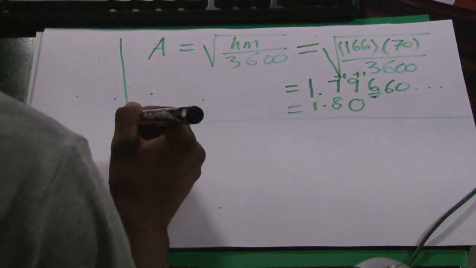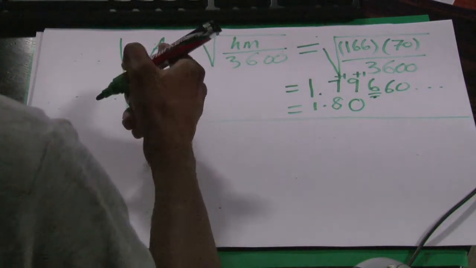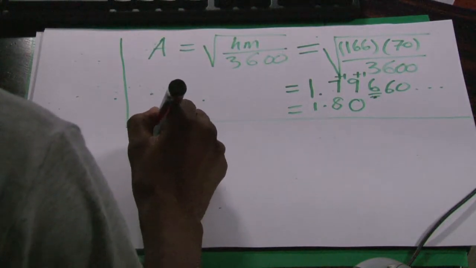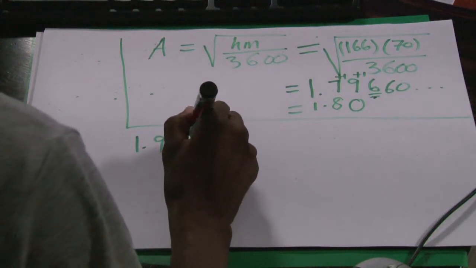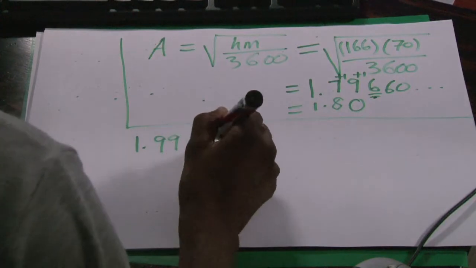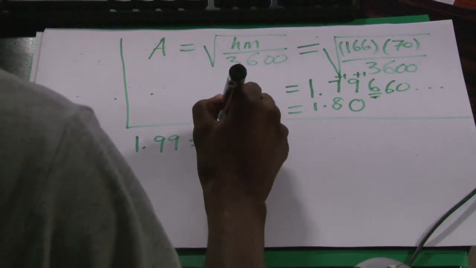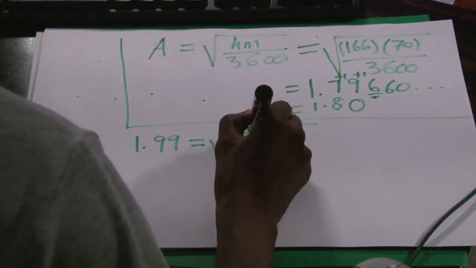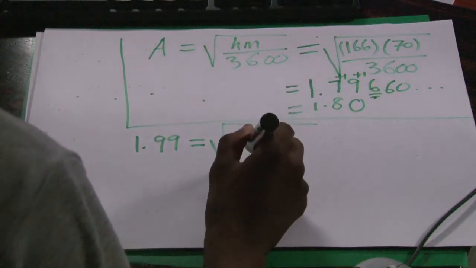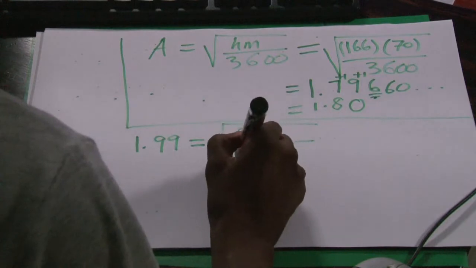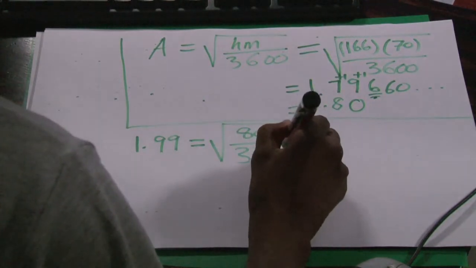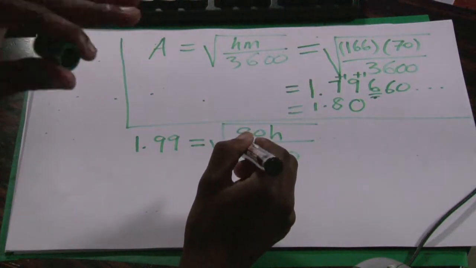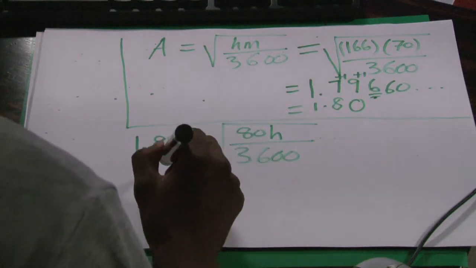We know the mass, we know the area. So area here is equal to 1.99, and then this is equal to square root. What do we know of? We know the mass is 80, and then we'll get 80h over 3,600. That's what we get there.